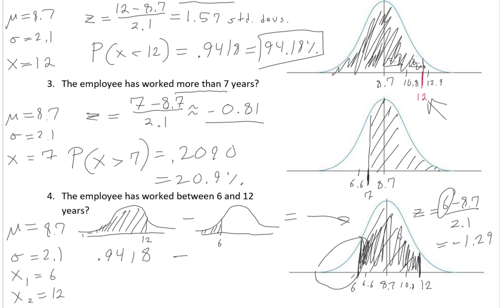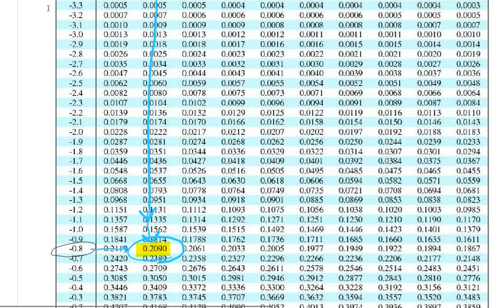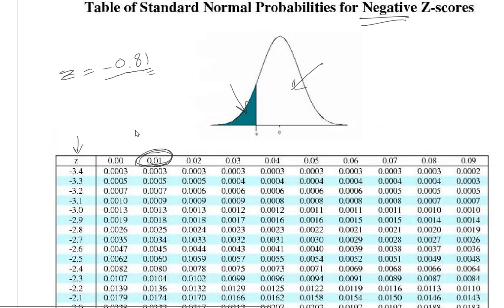And we can use that to find the probability for 6 and below. So I'm going to go back to my z-score table. And we want negative 1.29. So I'm going to erase all this. All that is gone. All right. So we have our new z-score of negative 1.29.